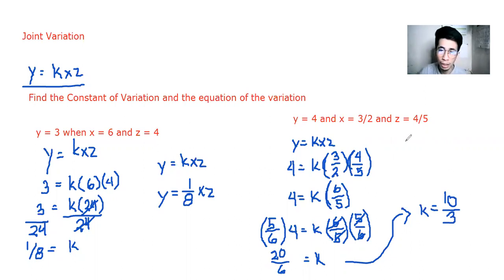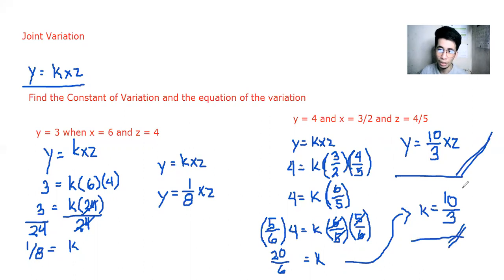Then, ang ating naman magiging equation of the variation is Y is equals to, yung K, palitan lang natin ng nakuha nating value ng K, 10/3 x. Okay? Then, ito yung ating equation. This is our constant of the variation, and this is our equation of the variation.